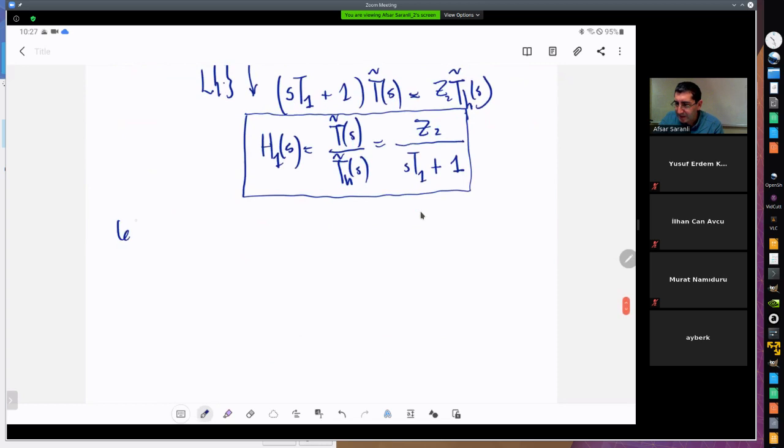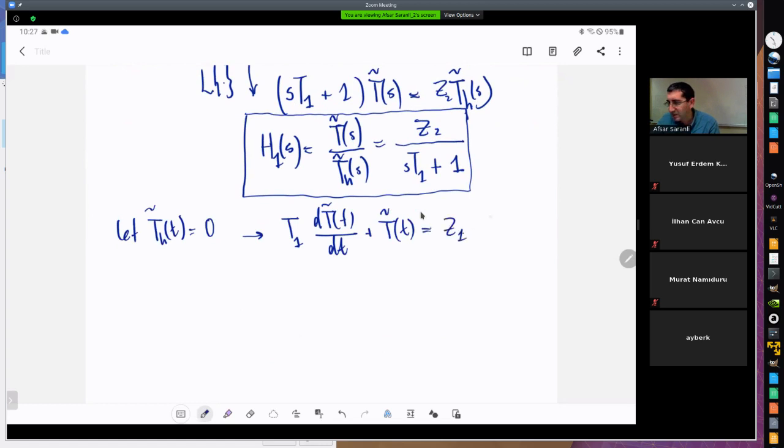Similarly, let T H tilde of t equal 0. In this case, I will have again T1 dT tilde of t over dt plus T tilde of t, and that's going to be equal to z1 times T in tilde of t.